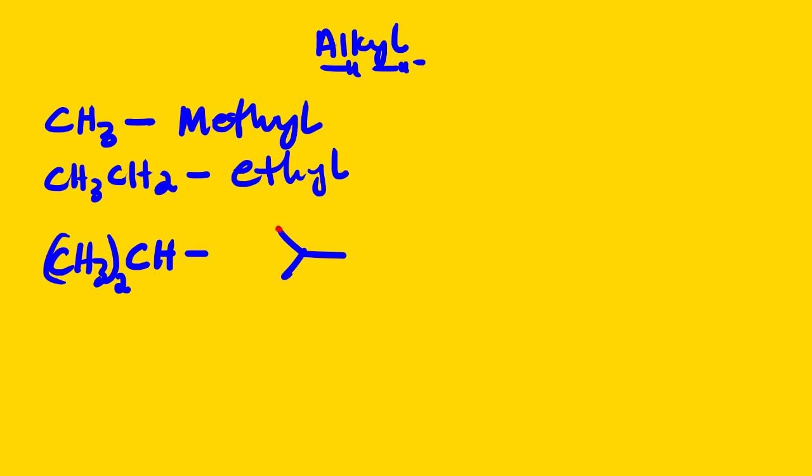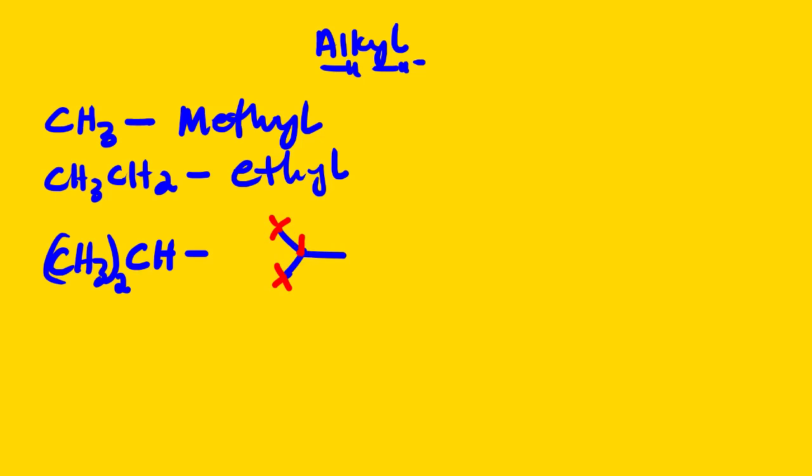So we have 1, 2, 3 carbons, and then this serves as an attachment. It's actually this line. So we know that this one will have 3 hydrogens attached to it, and also this one, and this one will have only 1. So you can see we have 2 methyls, and this carbon, which is this one.